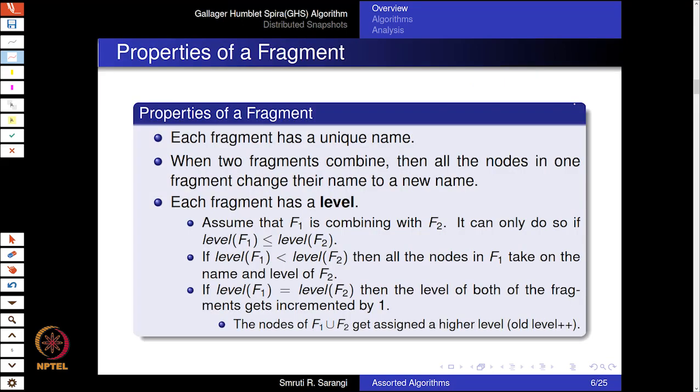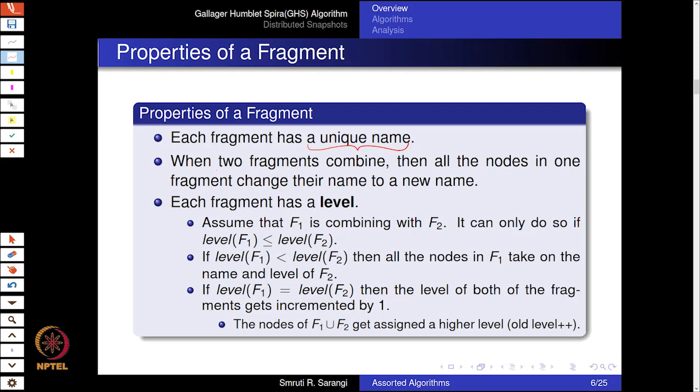So what are the properties of a fragment? Now we are getting into our distributed algorithm, not completely, but looking at it from the outside. Let us give each fragment a unique name, a unique ID. When two fragments combine, all the nodes in one fragment will change their name to a new name.